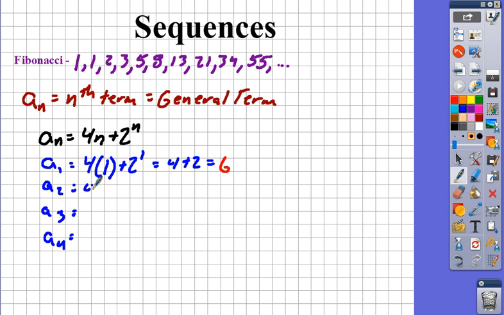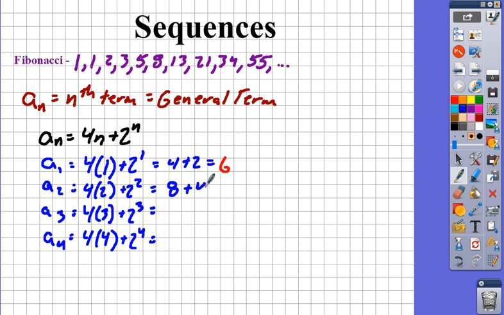So we continue that pattern. 4 times 2 plus 2 squared, 4 times 3 plus 2 to the third, and 4 times 4 plus 2 to the fourth. So what do we get? Well, 4 times 2 is 8, 2 squared is 4, 4 plus 8 is 12.